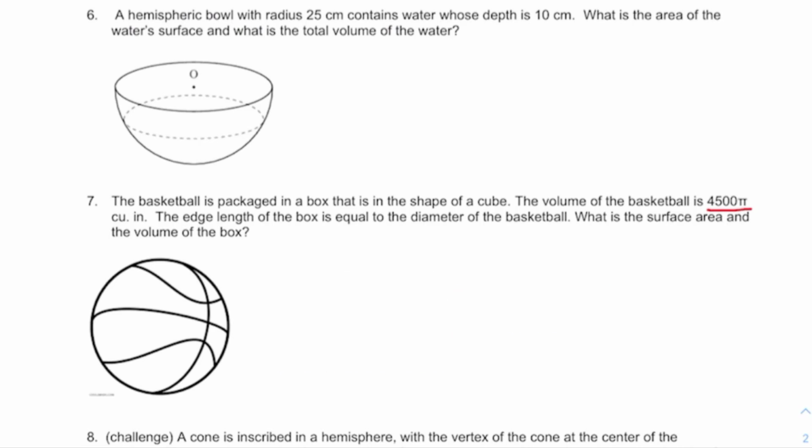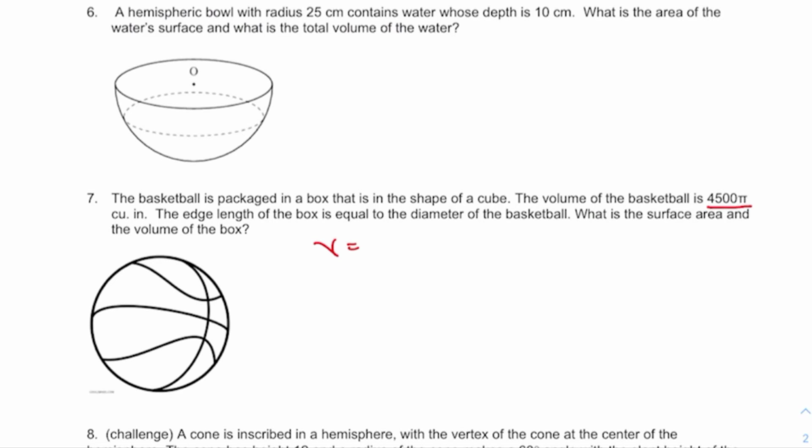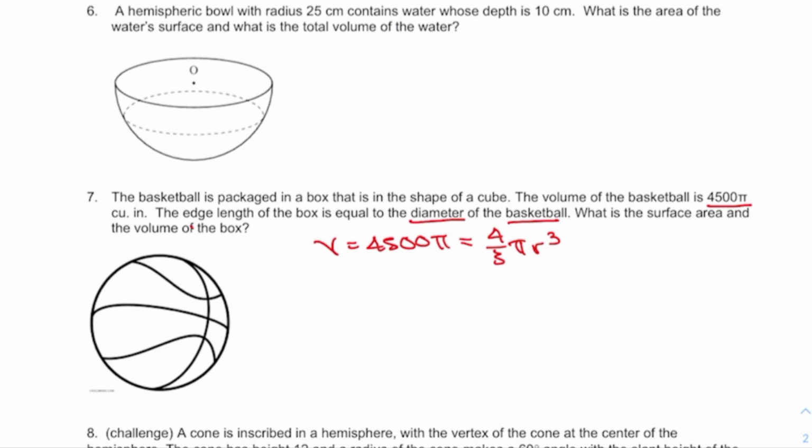So your volume here is going to be equal to 4,500 pi, and that's equal to the volume formula, 4/3 pi r cubed, and basically I'm going to solve for the radius. Because what I really want to do here is find the diameter of the basketball so that I can use that as my edge length of the box.